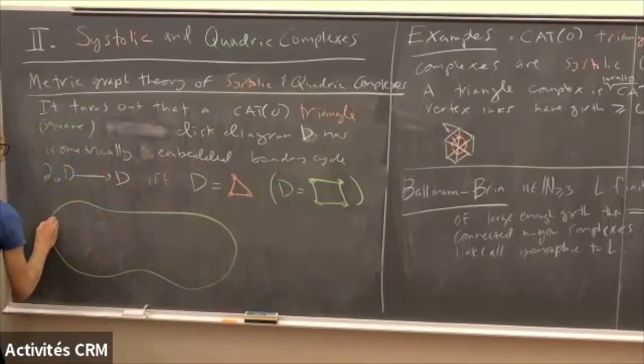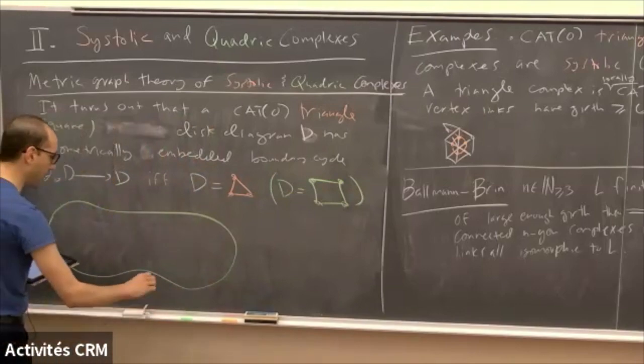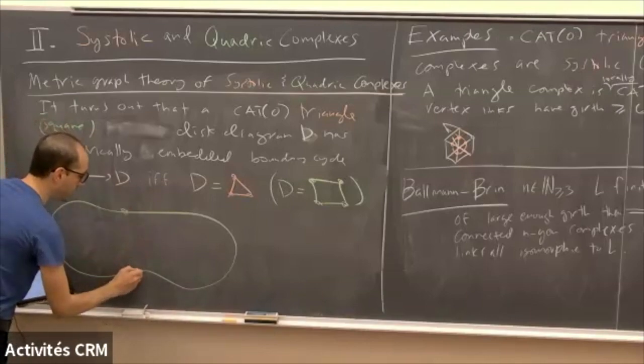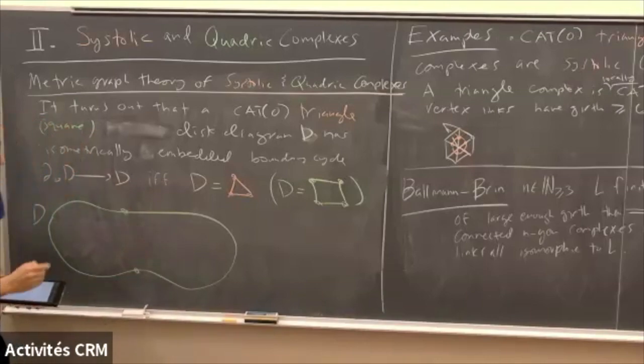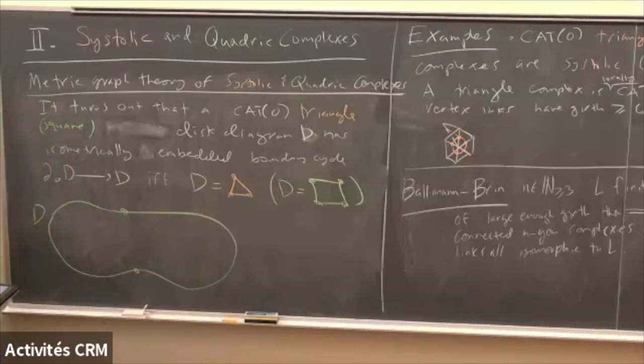If you have a square complex disk diagram, its boundary is going to be isometrically embedded if and only if, whenever you take two antipodes, the two paths you have on the boundary between them are geodesics.